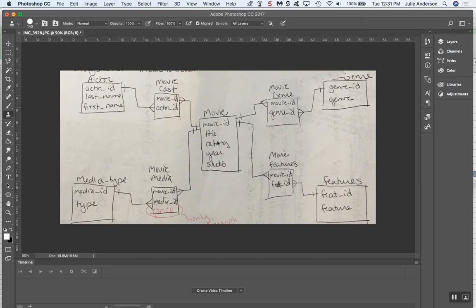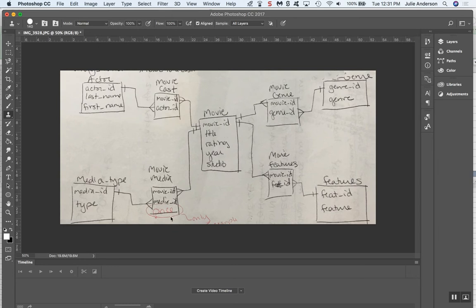And this is also how I did the media. Movies can have many different media types. I could have the same movie that's a Blu-ray, a DVD, streamed, downloaded, whatever, all the different types there are. And those types of media belong to lots of different movies. Lots of different movies are on DVD, lots of different movies are on Blu-ray. So there was a many-to-many there.